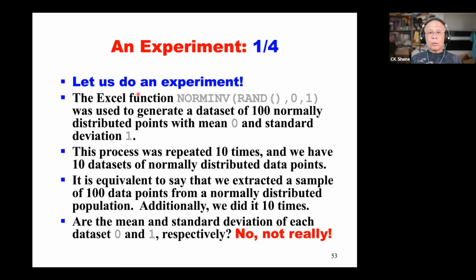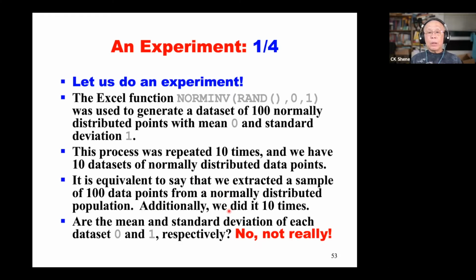So this is one data set. Then we repeat this generation 10 times. Therefore, it is equivalent to saying that we extracted a sample of 100 data points from a normally distributed population. Additionally, we did it 10 times.